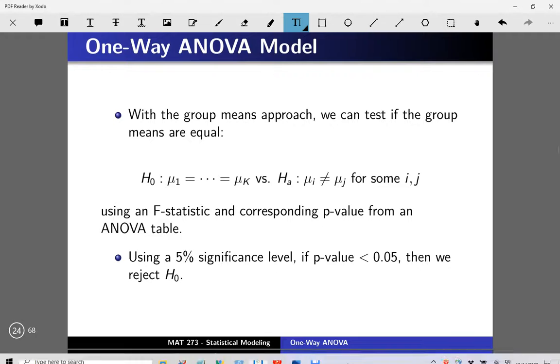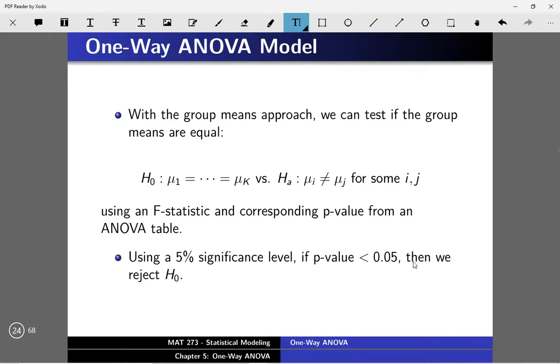Okay, and to formally state these hypotheses with this group means approach, we state H0 as all the mu's are equal, where mu sub 1 is the average response for the first group, and so on till the kth group. And then the alternative hypothesis is just that at least one pair of the groups differs in their average response.